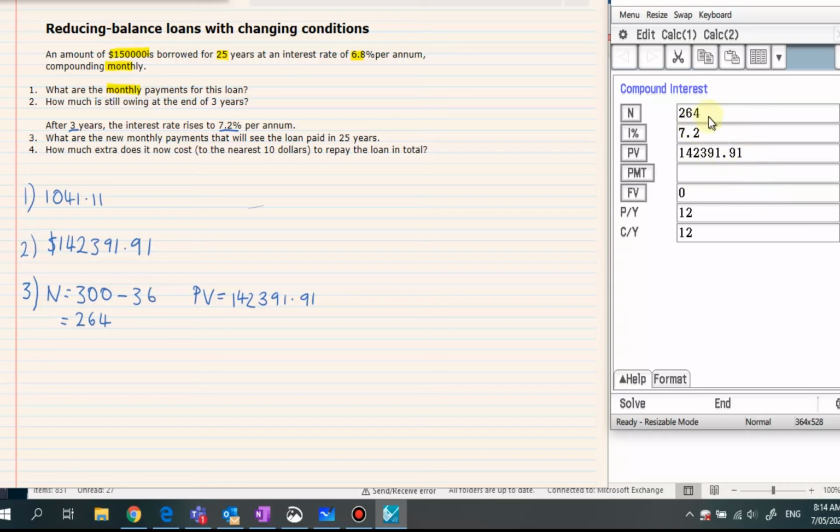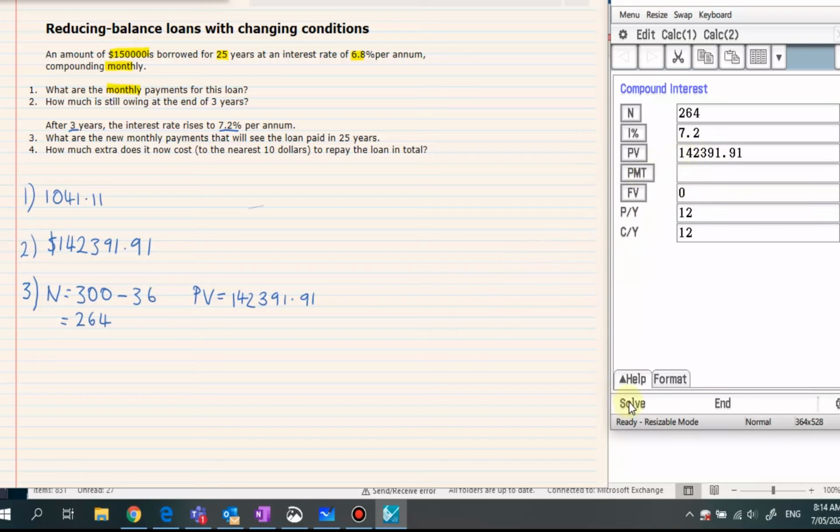So let's go through that again. We've changed this to be the 300 repayments minus the 3 years we've already paid off. We've changed our present value from the 150,000 originally borrowed to what's left over. So that's from question 2, what's left over. And we want the future value to be all paid off, and we want to know what the payments are going to be.